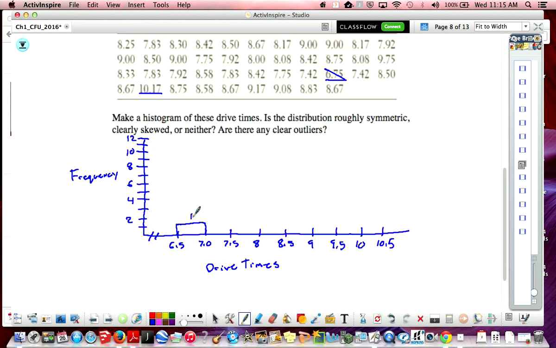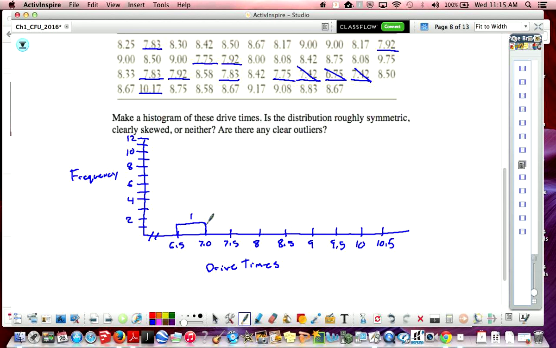So now I want to see how many drive times are in the 7-minute ranges, but in the low 7 minutes. So one of the things I'm going to kind of do here is underline all my 7-minute ones. Hopefully I get them all. And then I'm going to break them into their 2 groups here. I don't like it when I forget. So it looks like I have 2 that were 7.42, which would fall into that category.